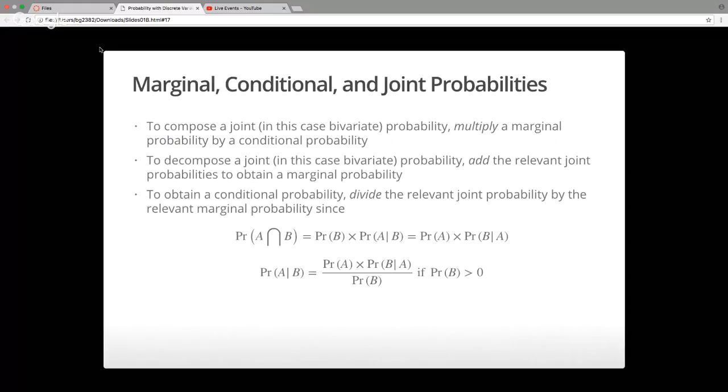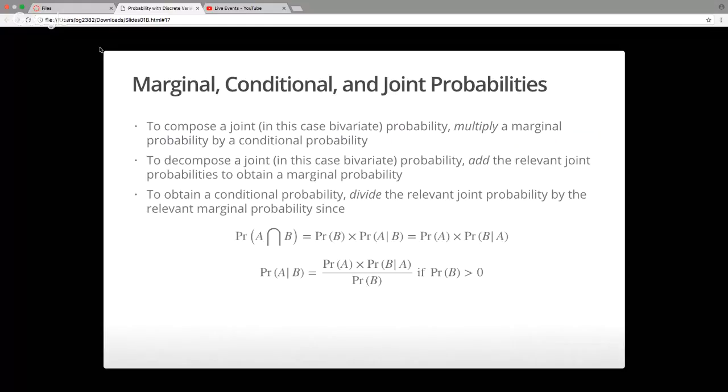The conditional probability that A is true, given that B is true, is equal to the marginal probability that A is true, multiplied by the conditional probability that B is true, given that A is true, all divided by the marginal probability that B is true, assuming that the probability that B is true is positive. Since we're conditioning on B, we're saying what's the probability A is true given that B is true.